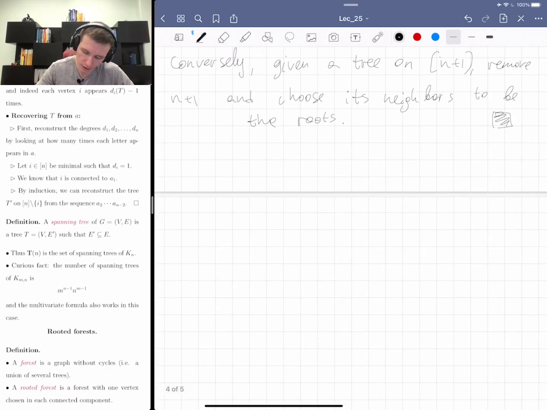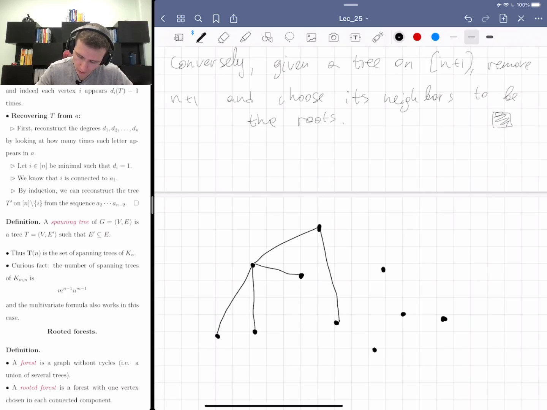So if you have a tree like this, usually the root is drawn on top.